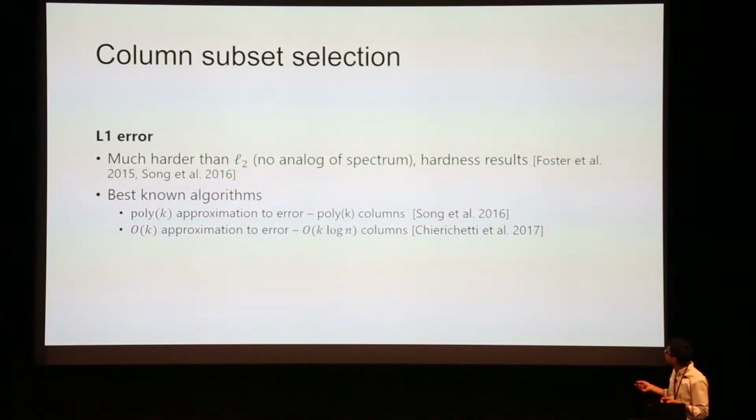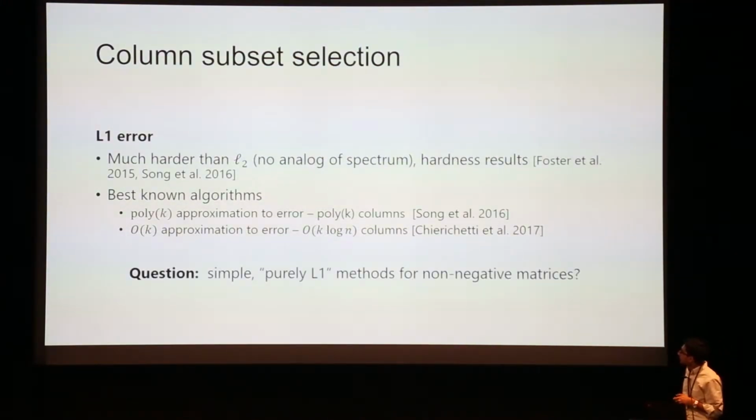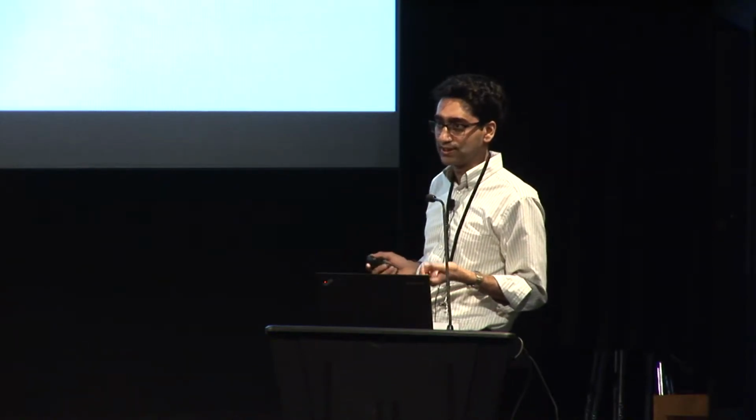This is a recent work by Song and Woodruff and others, and there's a simplification of this more recently. One thing I should mention about these methods is that even though they work for L1, they're essentially based on L2 methods. They reduce the size of the matrix and apply some L2 methods. That's why you incur this poly k approximation.